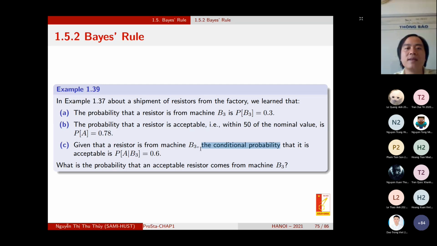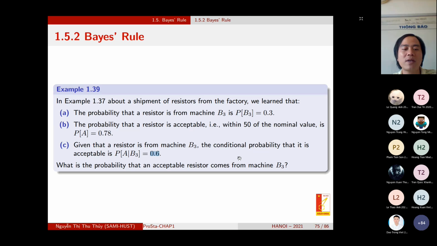You know that if it is from machine 3, the probability that it is accepted is only 60%. But now you want to know that if it is accepted, what is the probability that it is made from machine 3? That's what we care about.